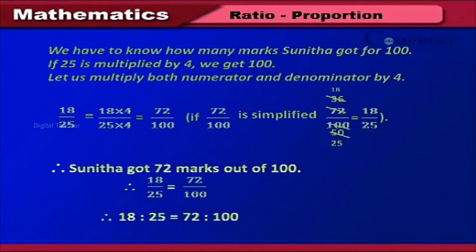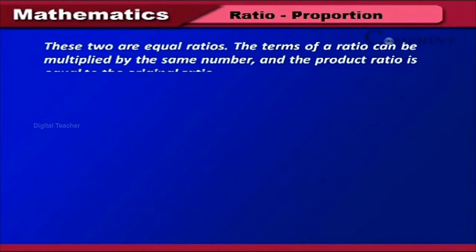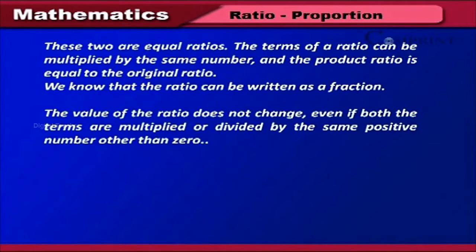Sunita got 72 marks out of 100. Therefore, 18 by 25 is equal to 72 by 100. Therefore, 18 is to 25 is equal to 72 is to 100. These two are equal ratios.